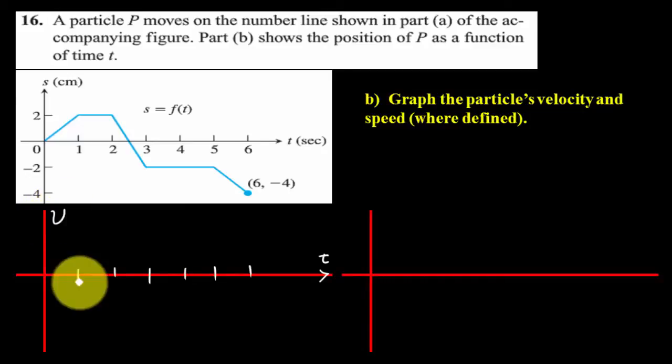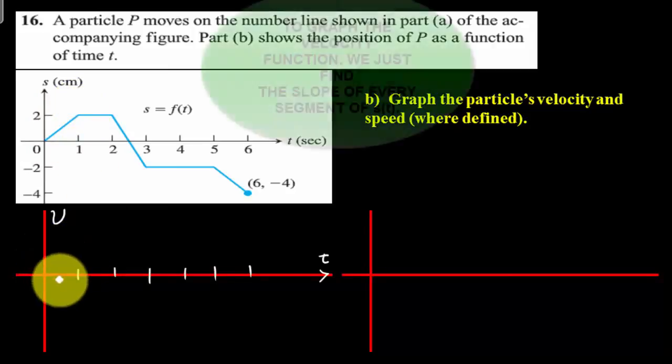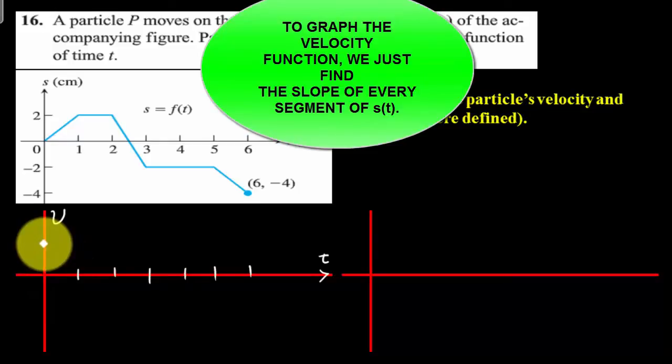For every interval where this particle is moving, we just take the slope of the path of the distance traveled. So from 0 to 1, it has traveled 2 centimeters. So 2 over 1 gives you a slope of 2, a fixed slope. So they say this is 2.